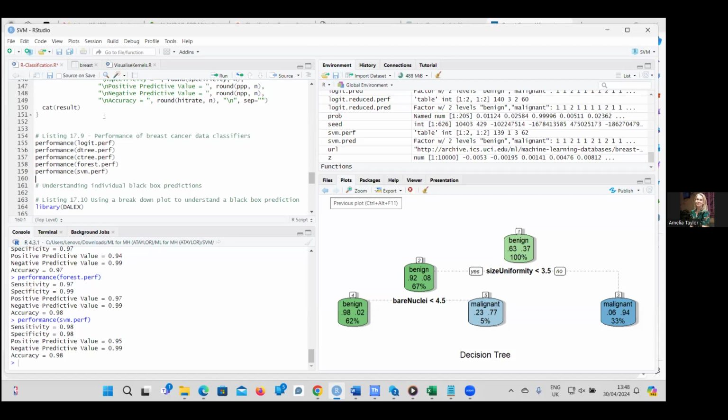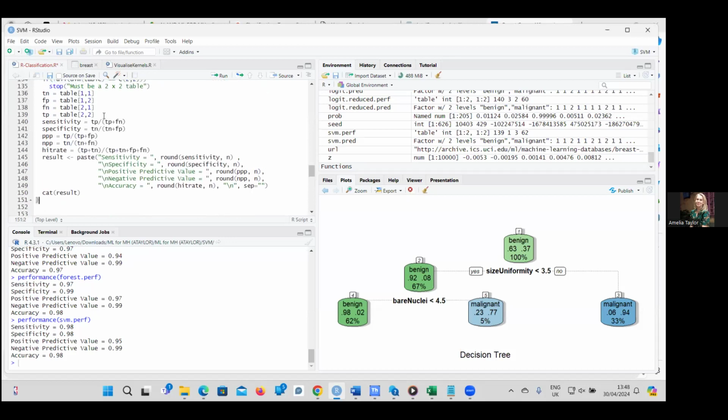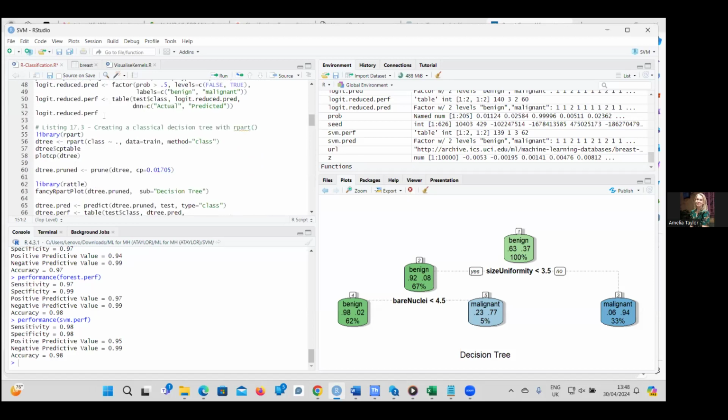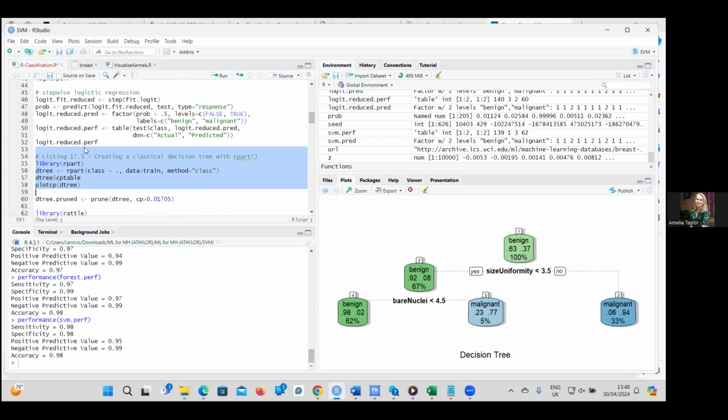Okay, so Martin, you have an error. Would you be able to write in the chat what the error is? Just make sure you have all the data available.